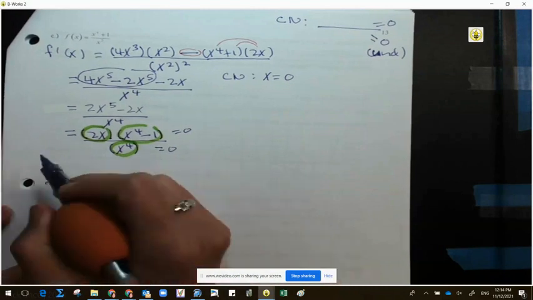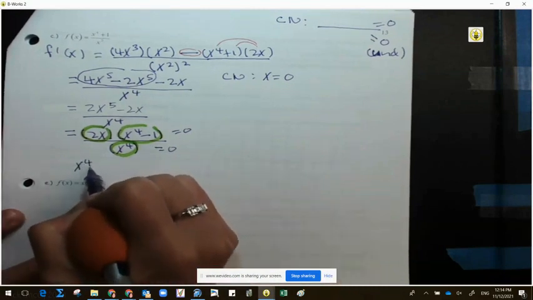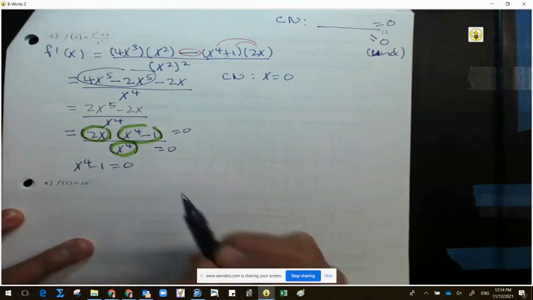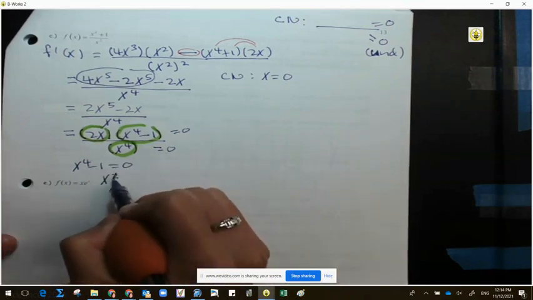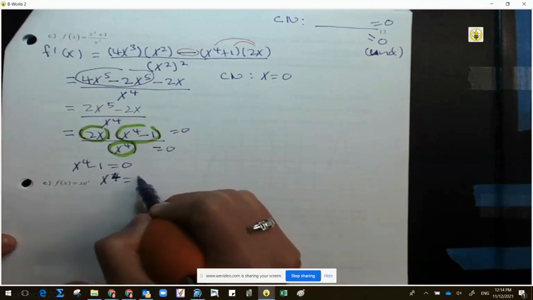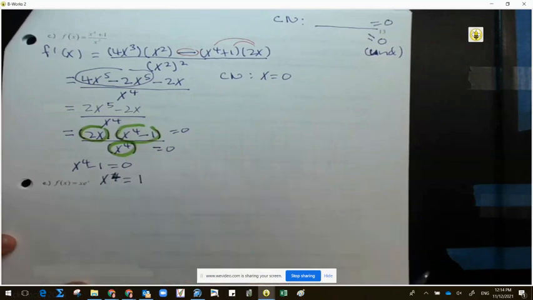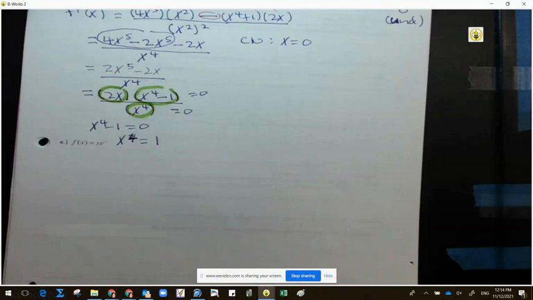The next piece I want to write out though. When you have x to the power of 4 minus 1 is equal to 0. Here is a given fact. As long as your power, that's a 4, is an even number, treat it like x to the power of 2. Because if I have x squared and I square root it, how many 1s do I get?